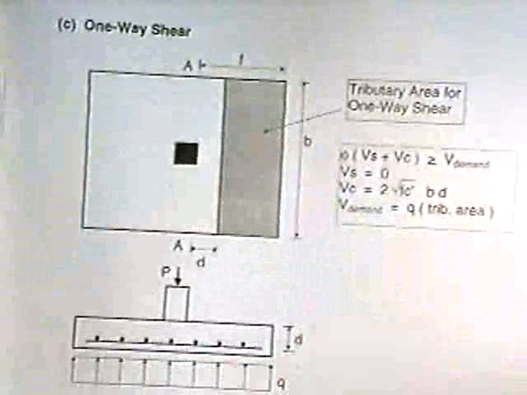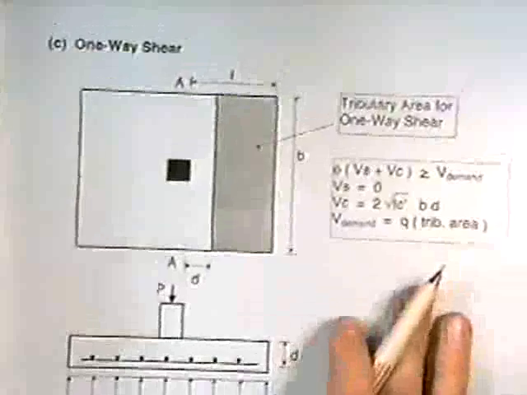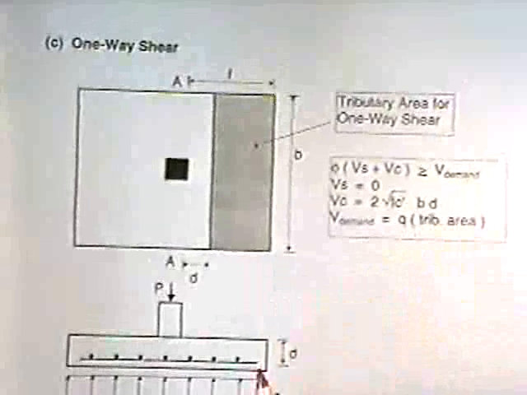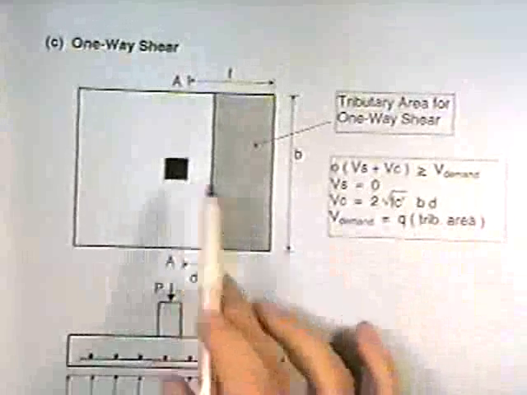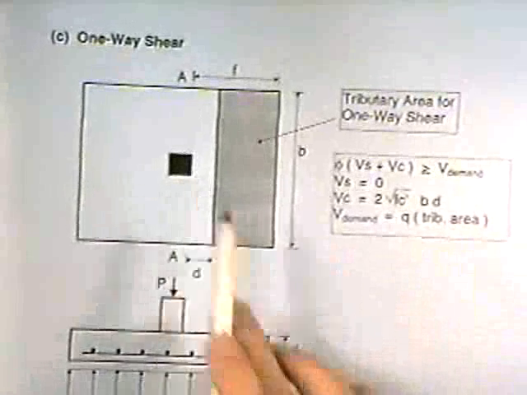Now you also have shear problems in footings. There are 2 different types of actions that can occur. The first is what's called one-way shear. This is like what we get in beams. The critical distance is at a distance of D from the column face.